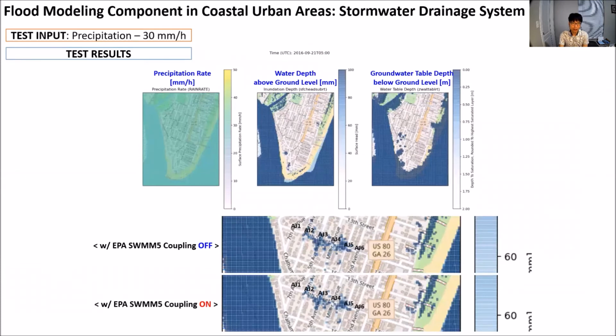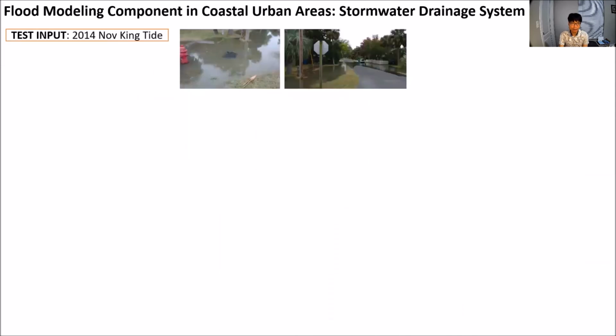These two figures here show the difference in the inundation profiles without or with the stormwater drainage system. Although the test configuration is simple and made up of fictitious dimensions, we can see in these red circles a lesser extent of the inundation areas in the presence of the stormwater drainage system.